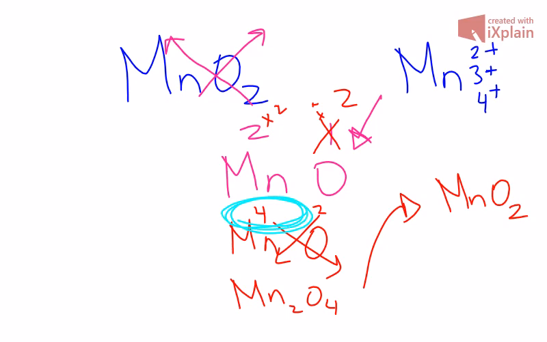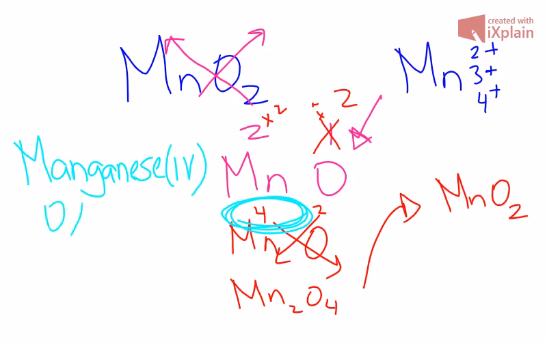It was 4 before it was reduced. So what is the name of this compound? It's going to be manganese 4 oxide. Okay? We're going to do one more example where we actually write the name of a compound from a formula, and then I'll give you some time to practice, okay?